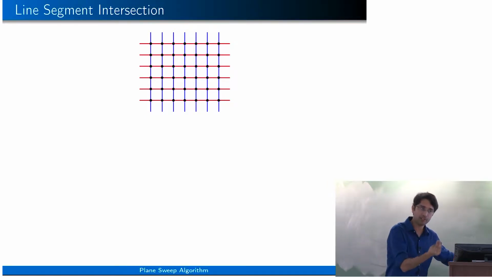You have to spend at least order n square time, because to report one intersection you will take at least order 1 time. So, order n square time is gone. Clear?